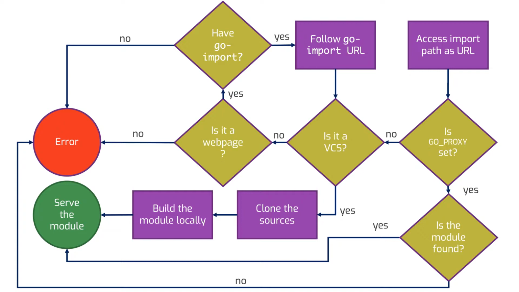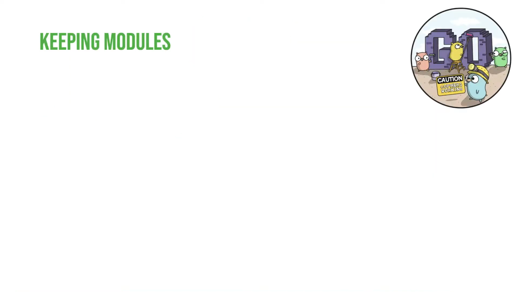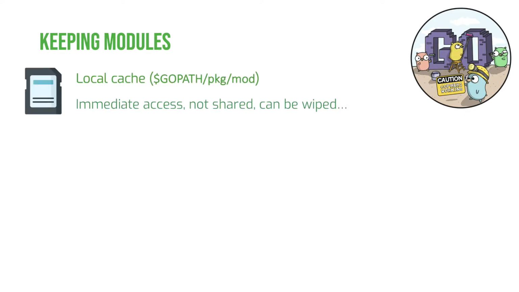How do modules get to this repository? Are those repositories limited to only public code, or can I use them for dependencies that I have inside my organization? And we have answers for all of those, because we keep modules in a hierarchy of caches.